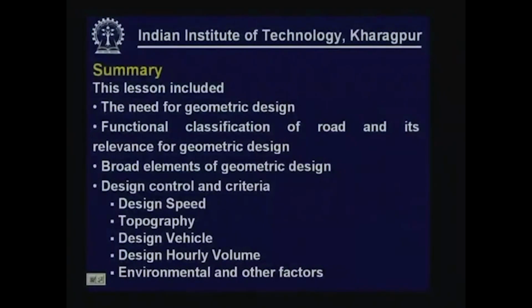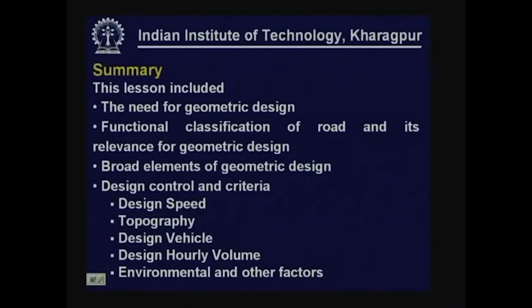Under this design control, we discussed the need for terrain classification, and the mixed traffic condition, a way to express heterogeneous traffic stream as a stream of homogeneous traffic by using passenger car equivalency value.